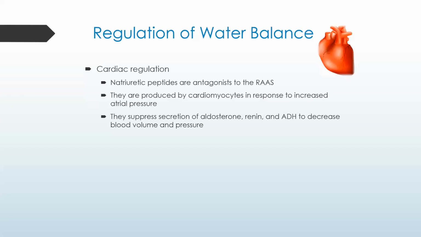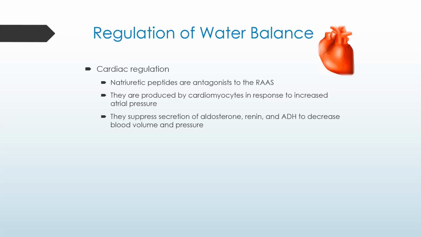These are the peptides that we're talking about. So these peptides actually make the renin-angiotensin-aldosterone system stop. So it quits raising the blood pressure. And then with it being an antagonist, it makes it stop.